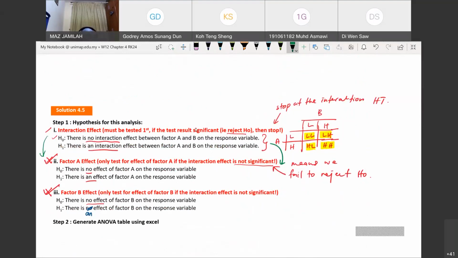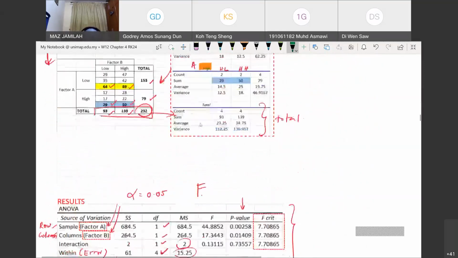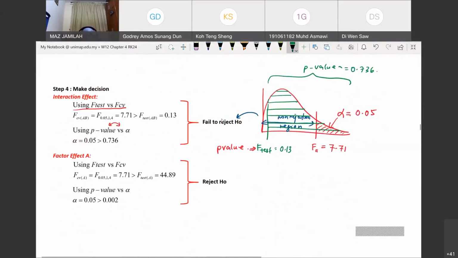Now we look for the effect of factor A and factor B. Since there is no interaction, we proceed with the factor A effect.